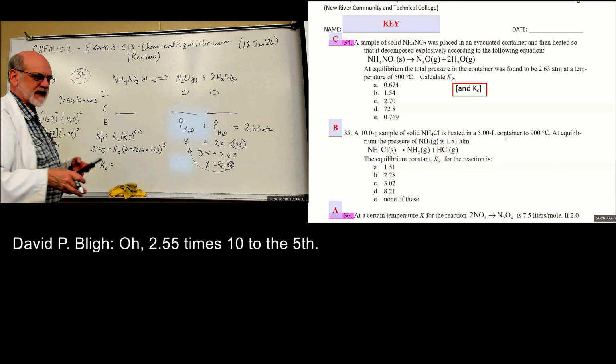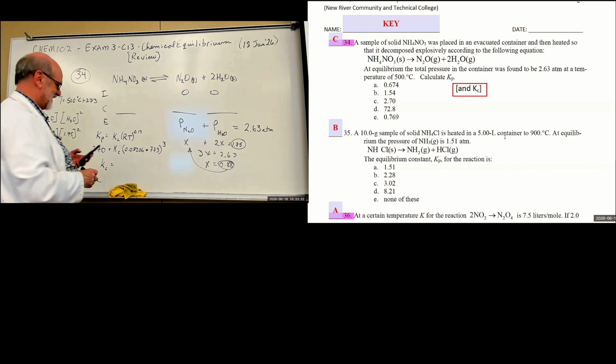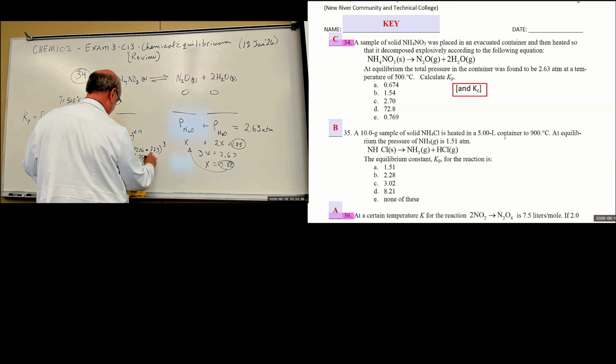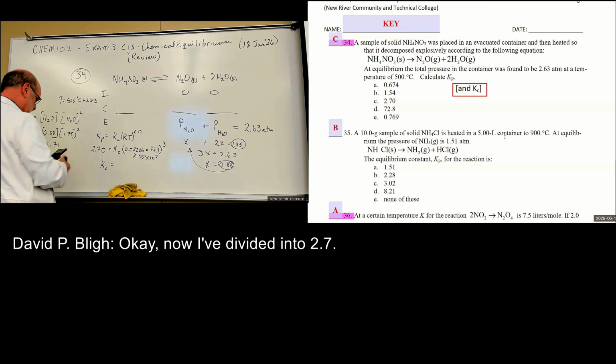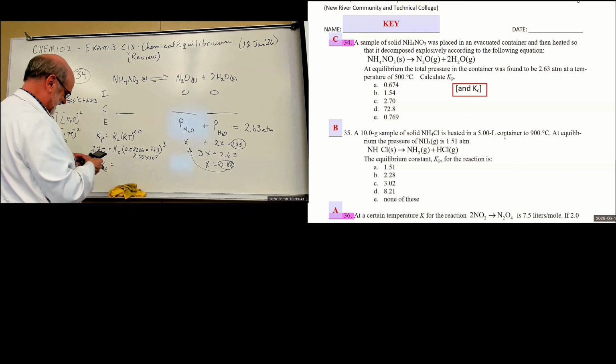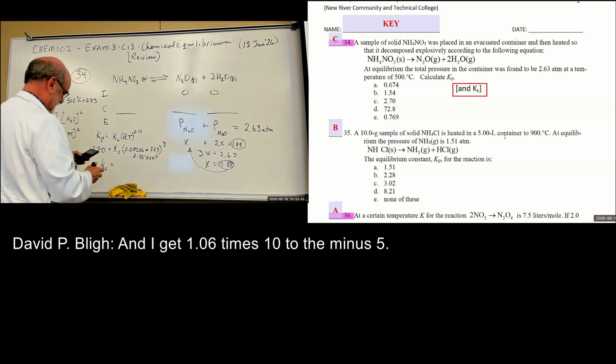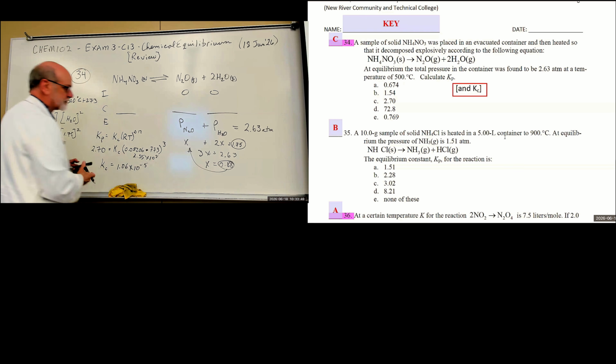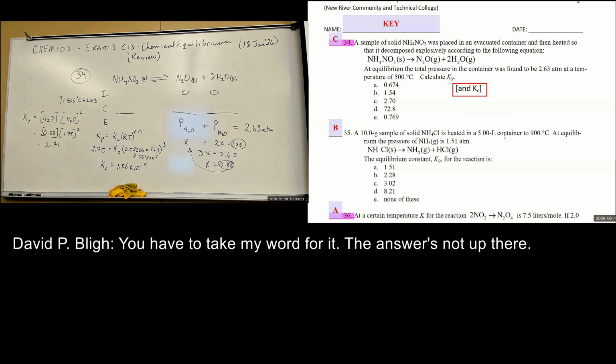Oh, 2.55 times 10 to the fifth. That's what this is. Okay, now divide it into 2.7. And I get 1.06 times 10 to the minus 5. You have to take my word for it. The answer's not up there.